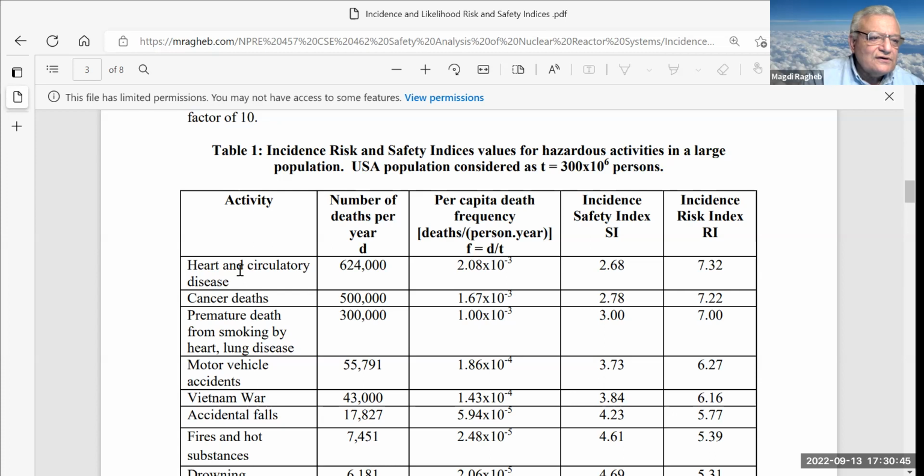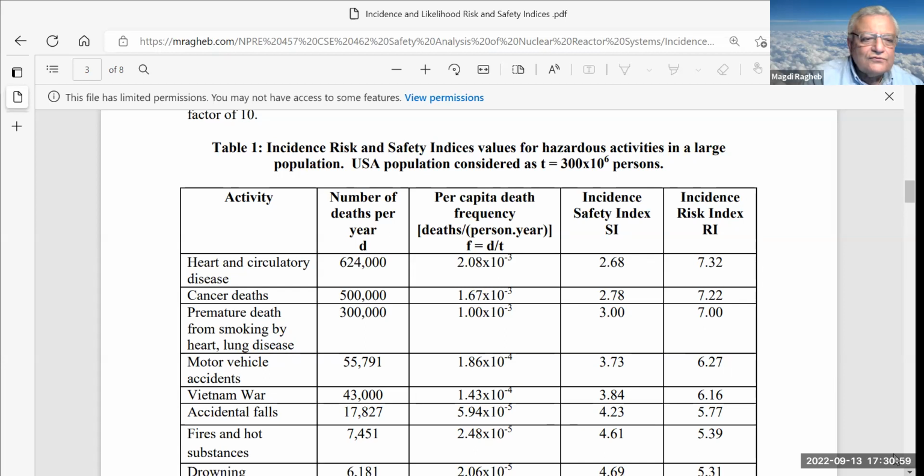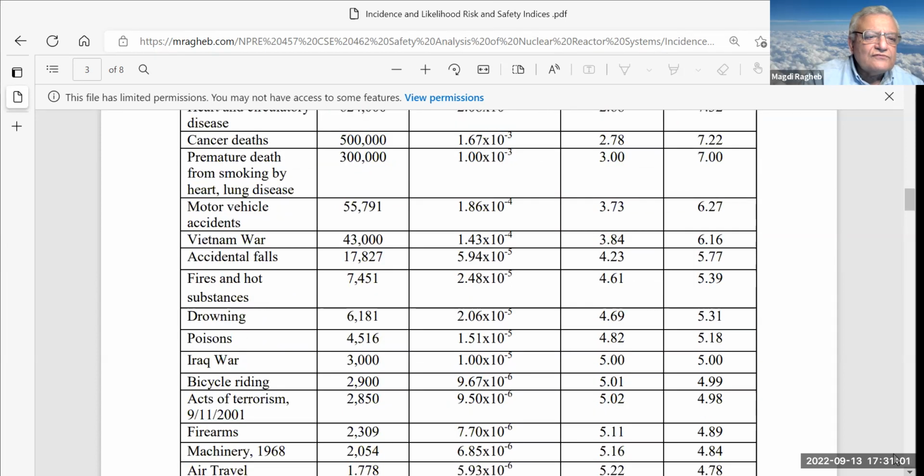So you find that the heart, cancer, and then lung disease are the three large killers of people dying in the United States. That's followed by motor vehicle accidents. Unfortunately, half of them are due to driving under the influence of alcohol or drugs. For comparison, the number of deaths compared to the Vietnam War, that was 43,000.